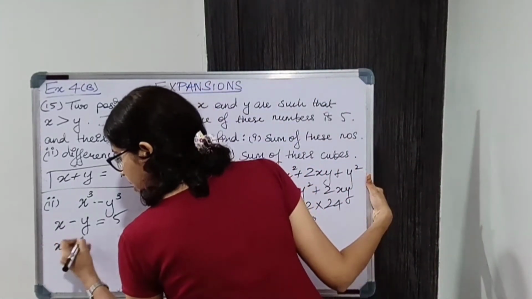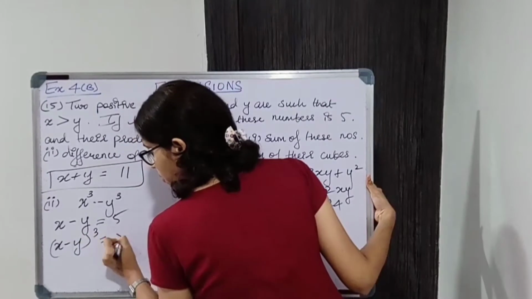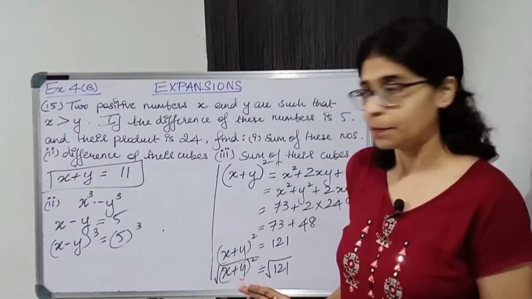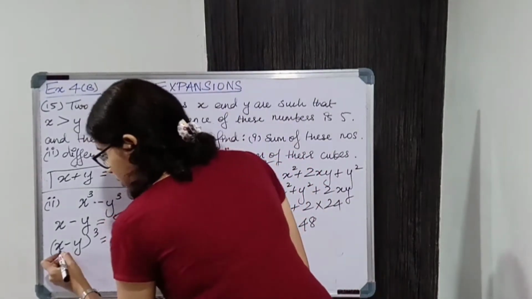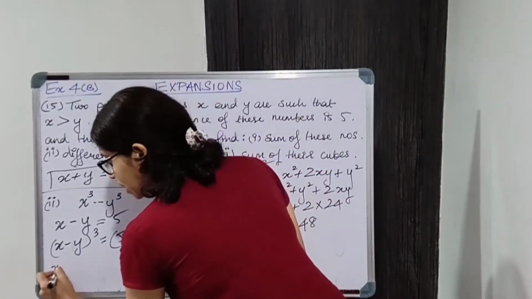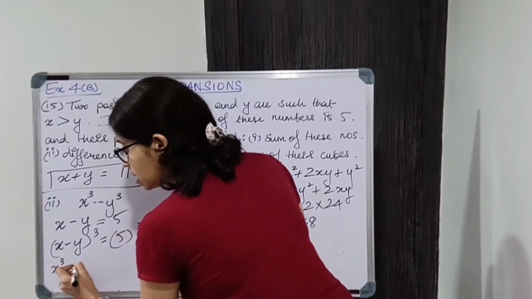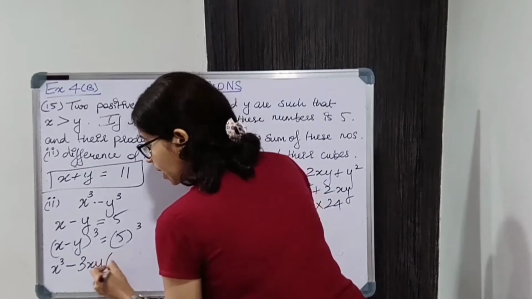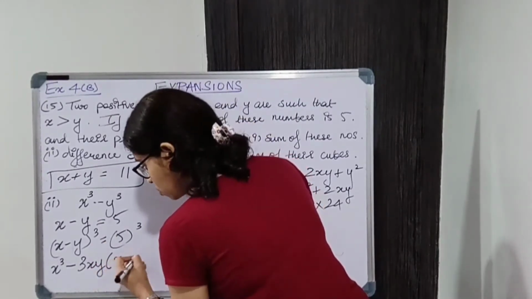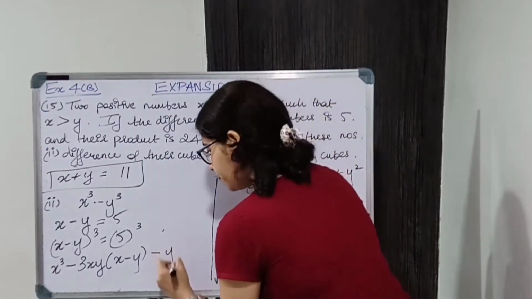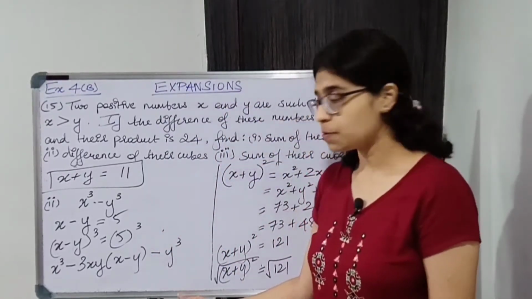So x minus y, put brackets, cube, 5 put brackets, cube, cubing on both the sides. Simple. Now this is of the form a minus b the whole cube, so it is a cube, that is x cube, minus 3ab, so 3 into xy, a minus b, so x minus y, minus y cube, that is b cube.